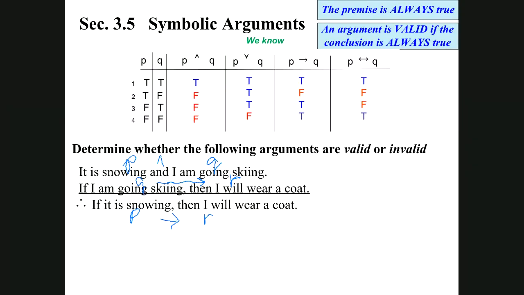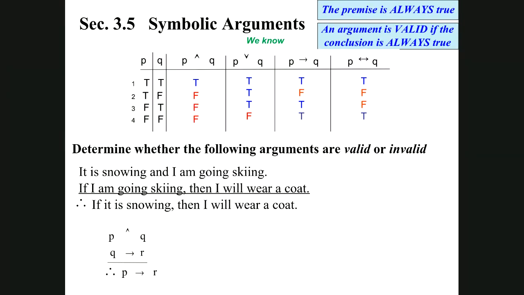So I'll write this a little neater below. It is snowing and I am going skiing, P and Q. If I am going skiing, if Q, then I will wear a coat, R. Therefore, if it is snowing, if P, then I will wear a coat, R.